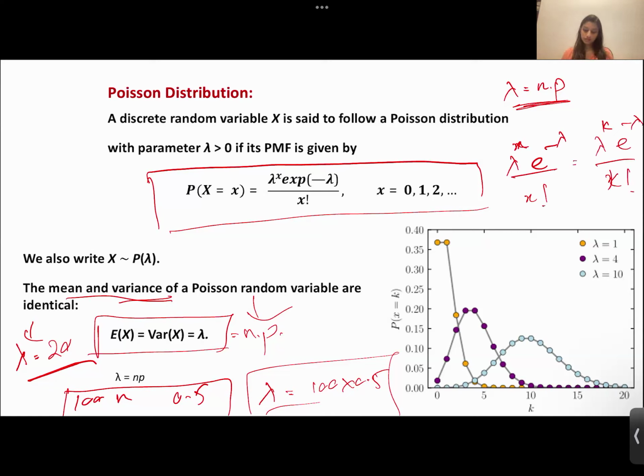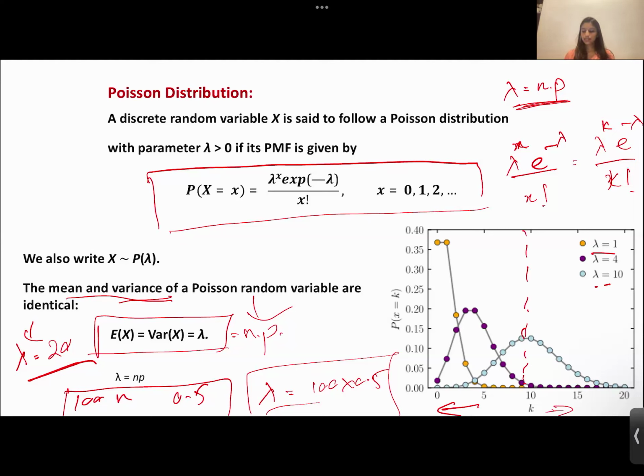You can also see how the curve shifts for different values of lambda. If the mean is smaller, the peak is shifted towards the left. For larger values of lambda, like this blue curve, your mean is shifted towards the right, and the peak is shifted to the right.